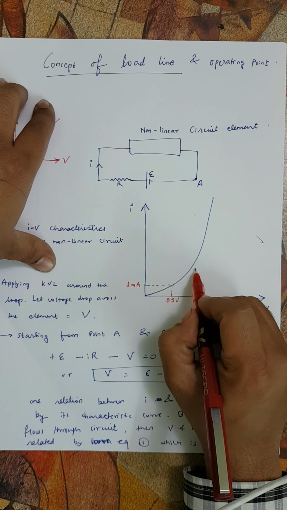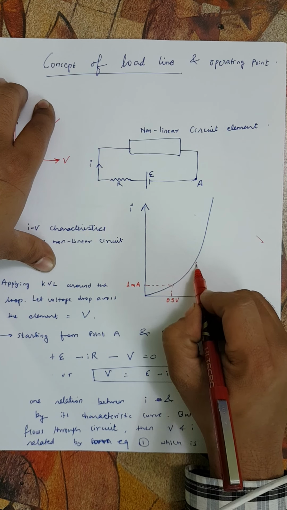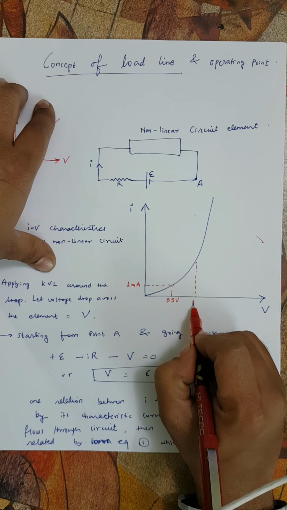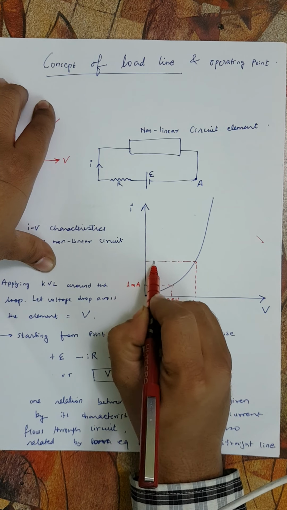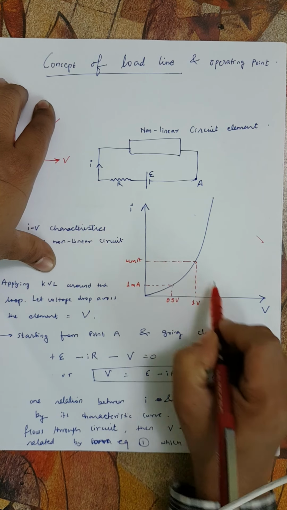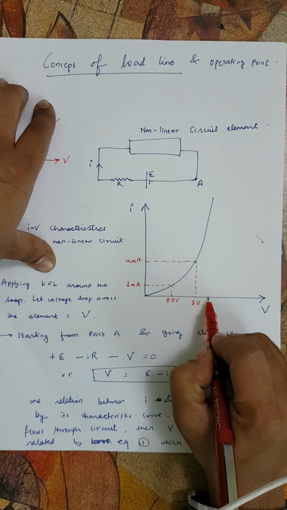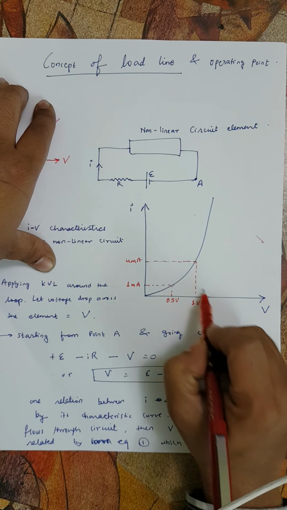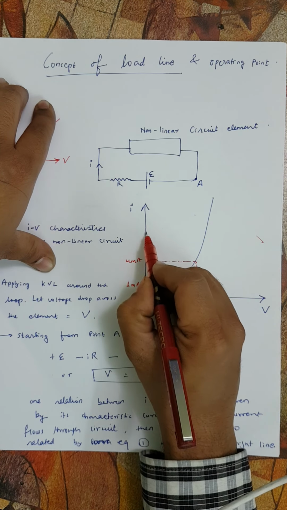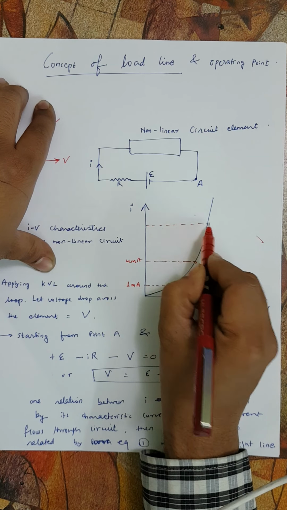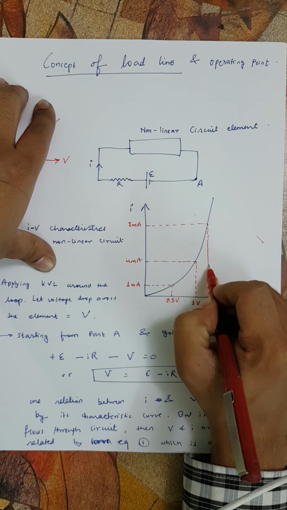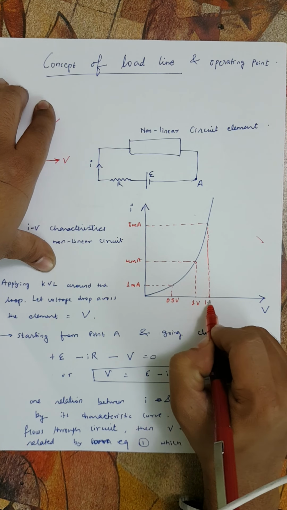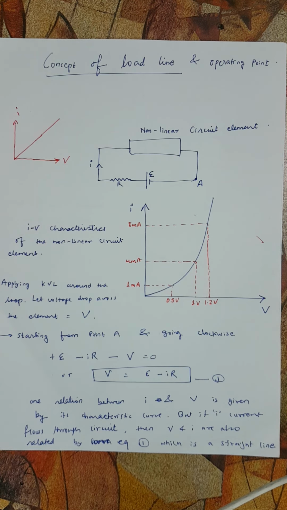Just an example, don't take it as an actual value. When we apply 1 volt, the current may increase to, let's say, 4 milliampere, and then if I increase the voltage by a very small value, the current will increase to a very high value, so the current will double to 8 milliampere when we increase the voltage by a small value of, let's say, 0.2 volt, isn't it? So this is called a non-linear element.